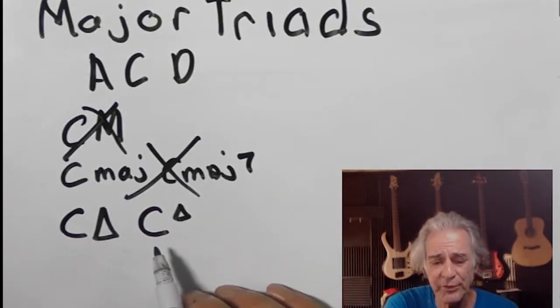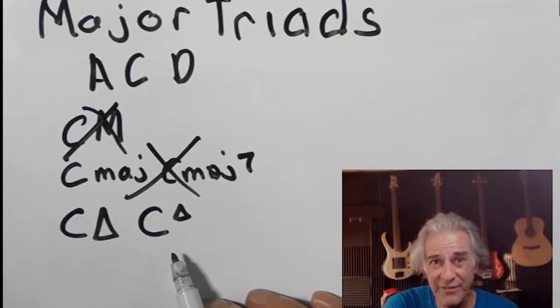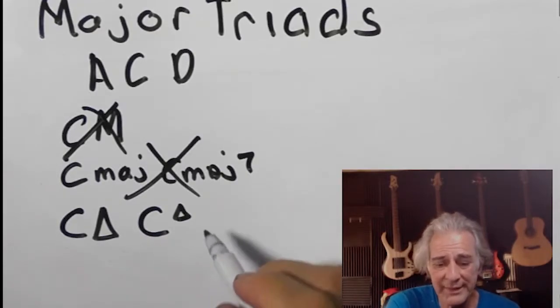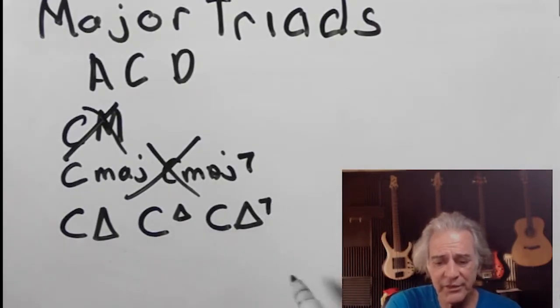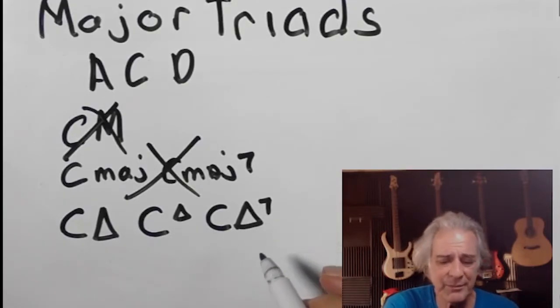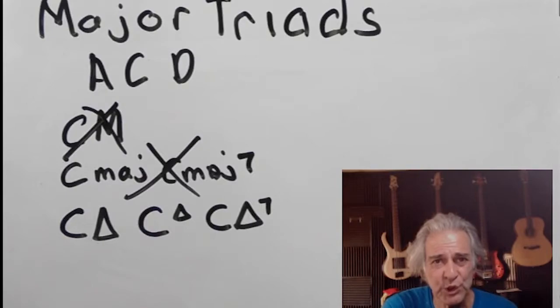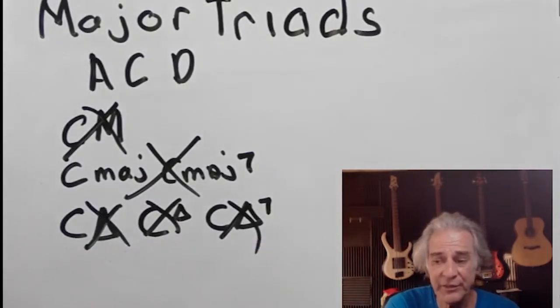Too close for comfort again. A C major triad and a C major seventh. And they also have one that does this. This one's a little more clear. You see that's a C, that's a major, and that's a seventh. Still, we don't want any confusion whatsoever. And that's what they have accomplished. That's why I like it so much.